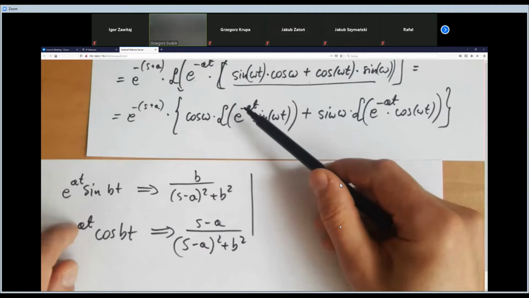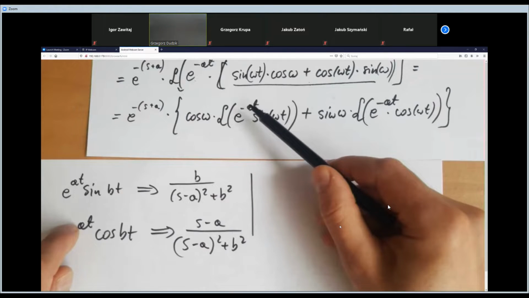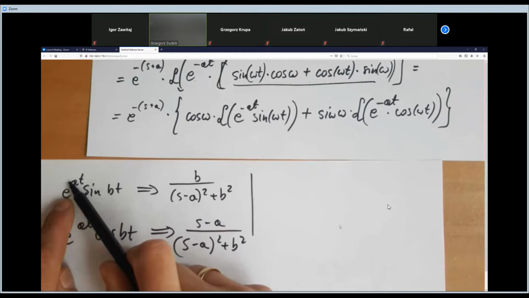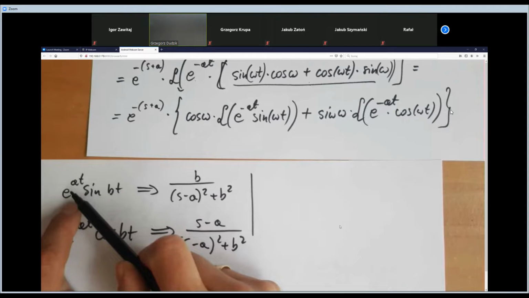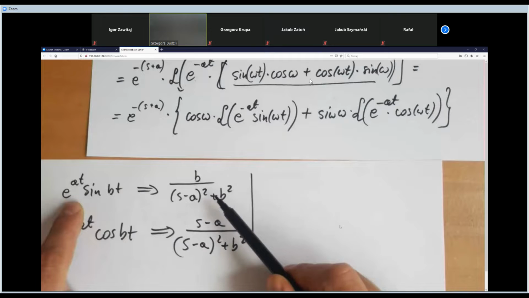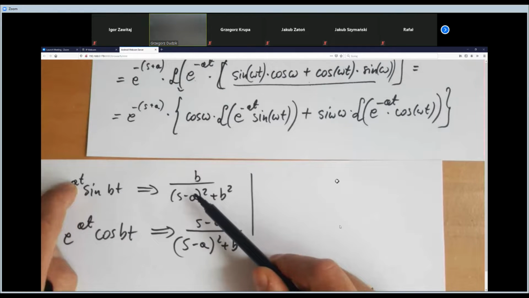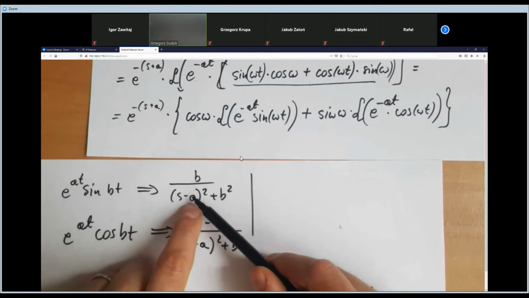I told you before, if you have minus at, the Laplace transform of this function is 1 over s plus a. If we have the plus, the Laplace transform of this function separately will be 1 over s minus a. Look, s minus a. If I put the minus here, it will be s plus a. Okay, this is the one thing.